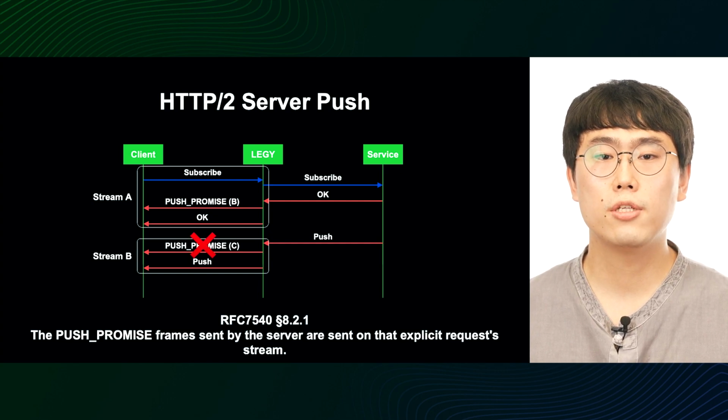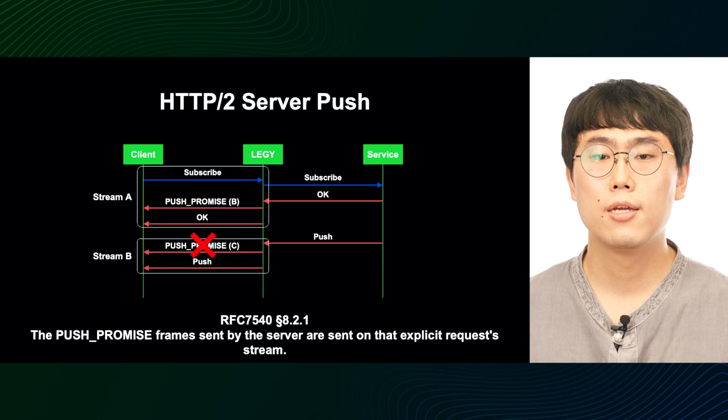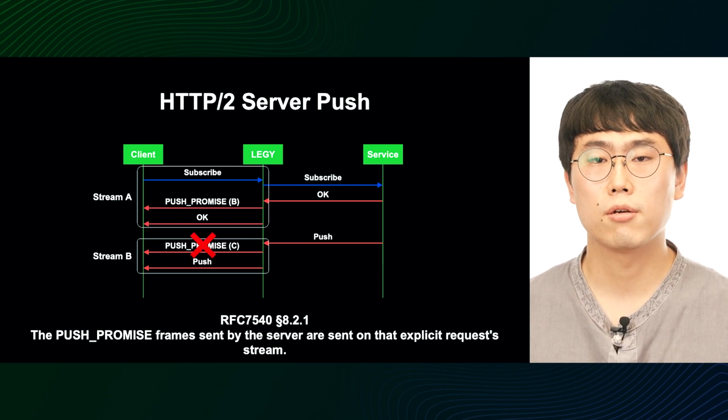However, the HTTP2 standard says that push promise must be used in the client request stream. Even though this push model worked when we tested with browsers and some libraries, it seems to be not standard conformant, which is one of our server push requirements.